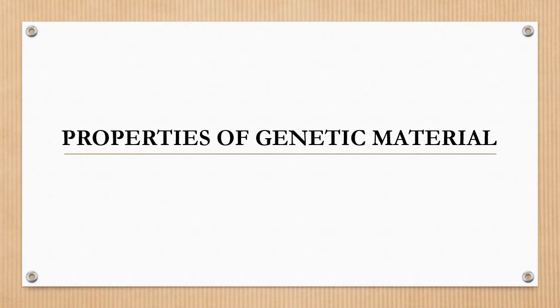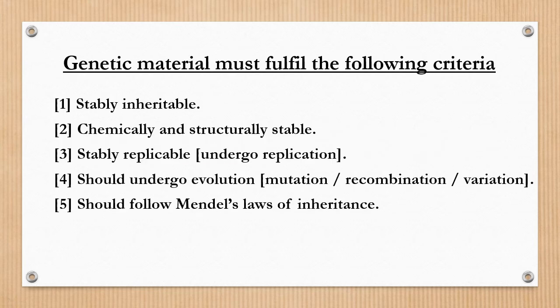Now, properties of genetic material. The genetic material must fulfill the following criteria. So let's see what are the criteria followed by genetic material. First one, stably inheritable.